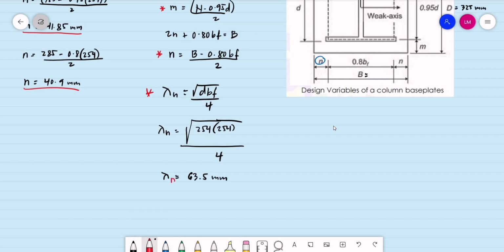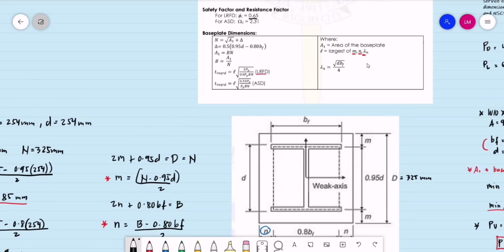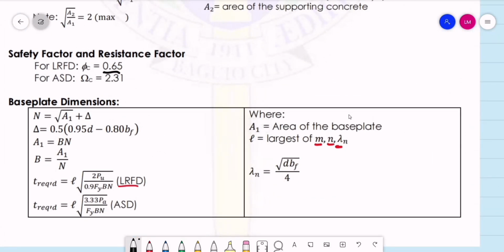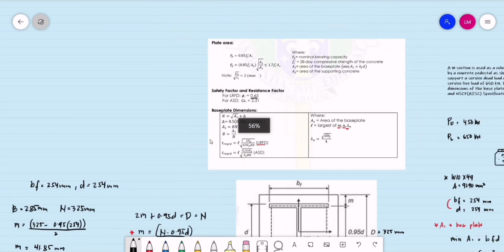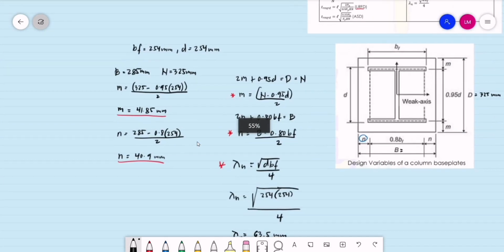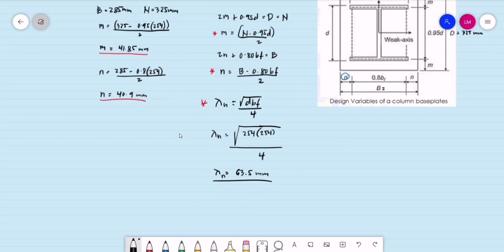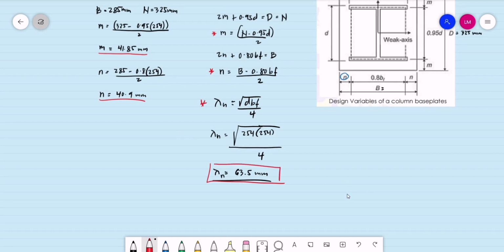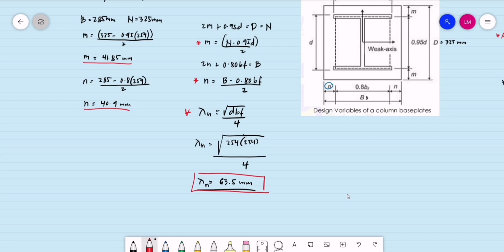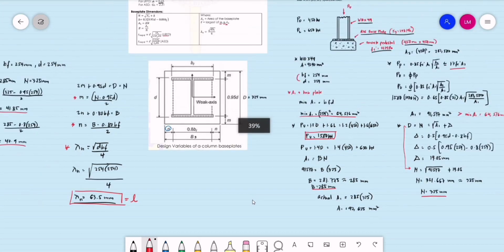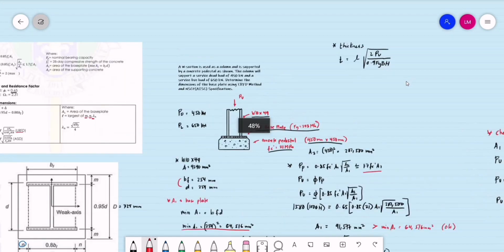So this is the value of the lambda sub N. According to our reference, the value of L should be the largest of M, N, and lambda sub N. If you check, M is 41.85, N is 40.9, and lambda sub N is 63.5 millimeters. Therefore, we are to use this value as our L. Okay, so we are now ready for the computation of the thickness.